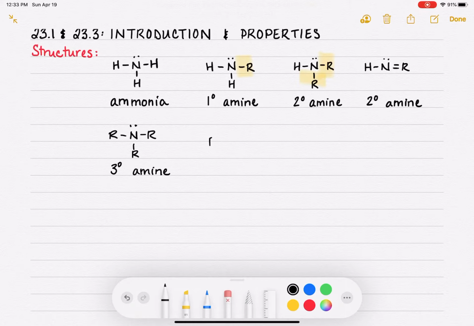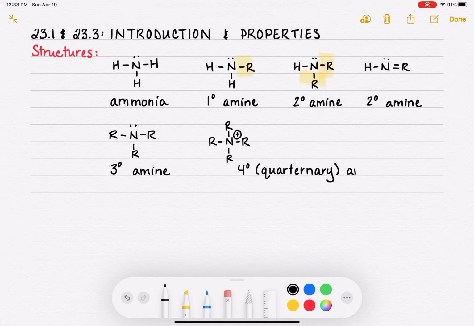And then last but not least, we can get 4 alkyl groups on a nitrogen. When we have 4 bonds to the nitrogen, it is positively charged. It's a cation. And we call this a quaternary. We've never seen that before. And it's not an amine anymore because it's got that positive charge on it.